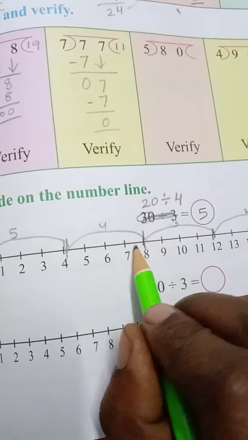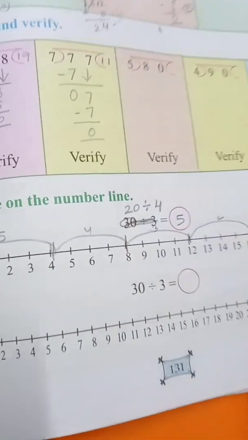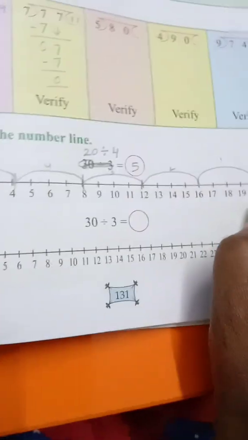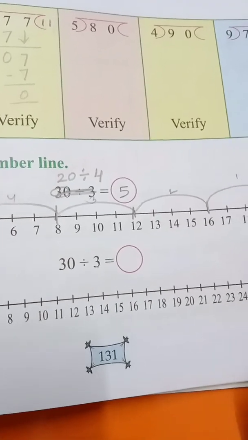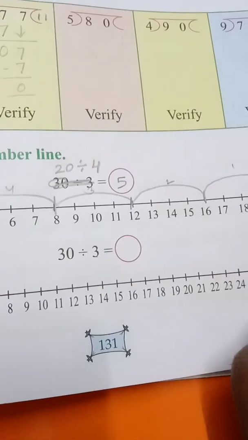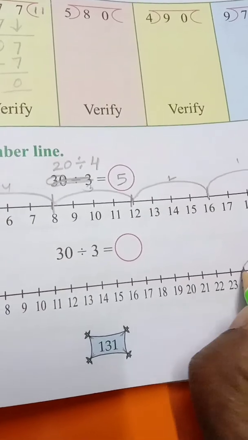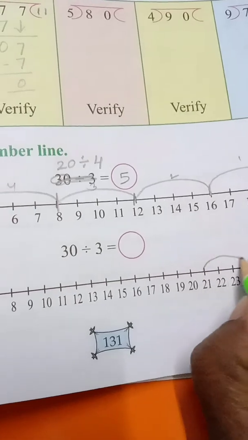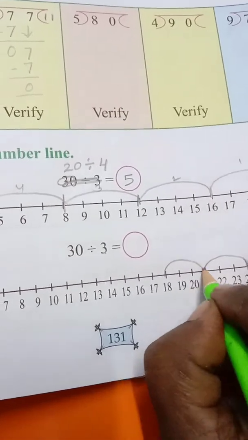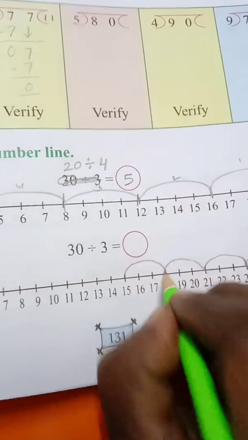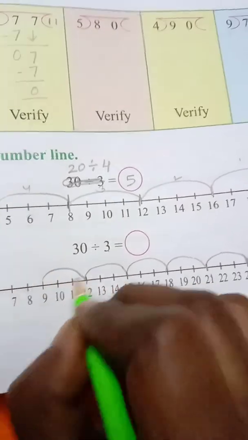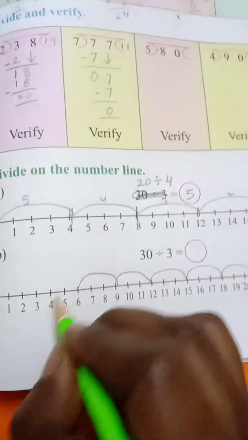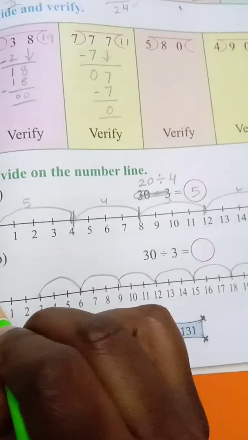4 ones are 4, 4 twos are 8, 4 threes are 12, 4 fours are 16, 4 fives are 20. Okay. The same way 30 divided by 3. Now 3 steps. 1 2 3, 1 2 3, repeated.